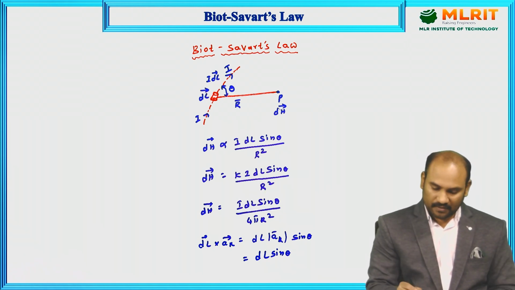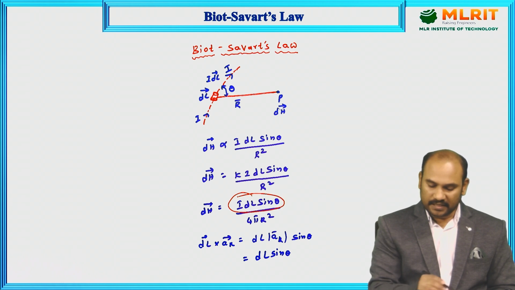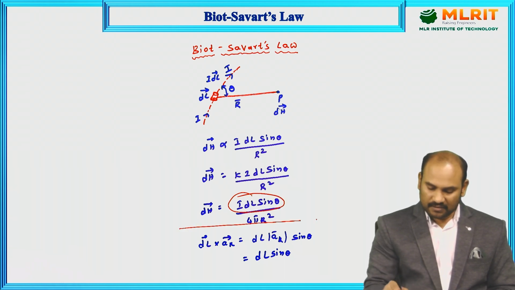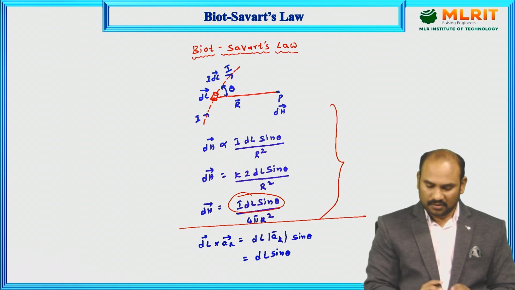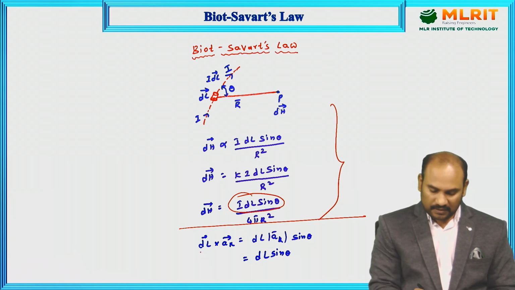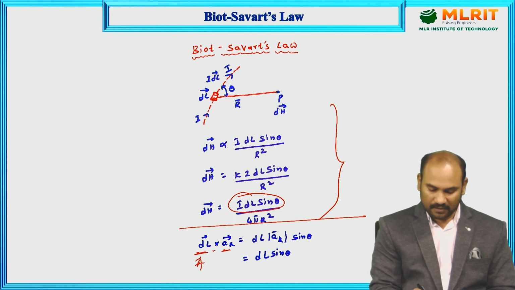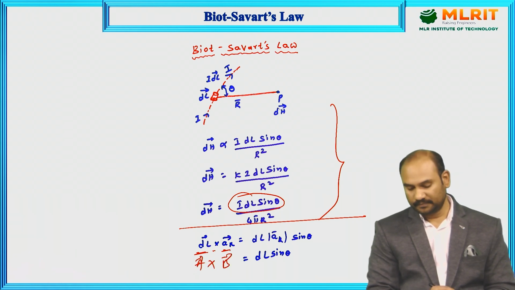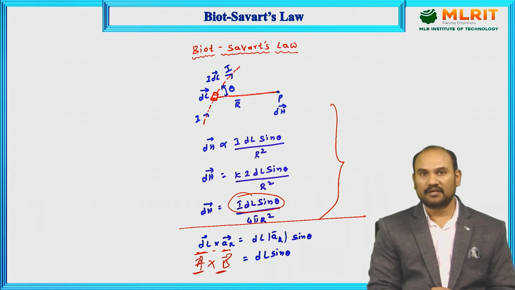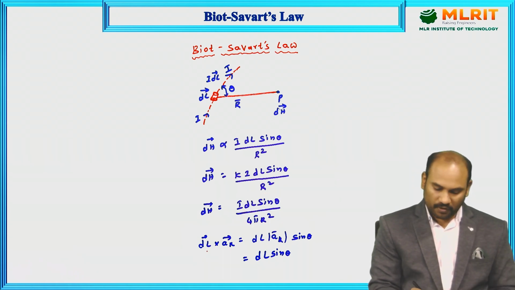See, try to work on this Idl sin theta. Let us see what will happen. You just forget about this part. Now generally, dl cross aR is like A bar cross B bar. What is A bar cross B bar equal to? Mod A mod B sin theta. Isn't it? Basic expression. Now what is mod A?